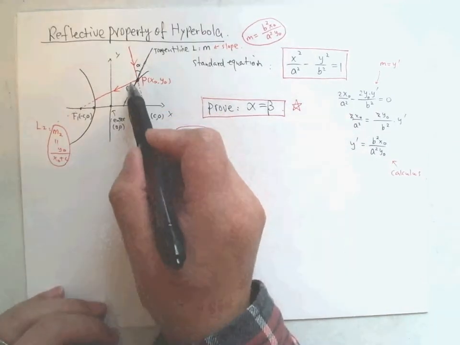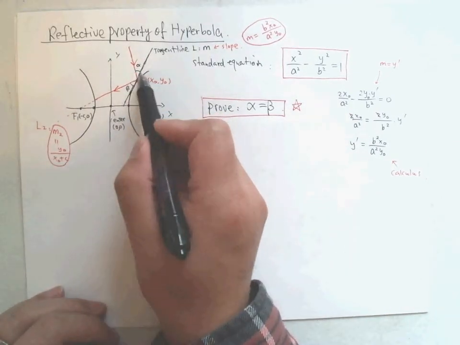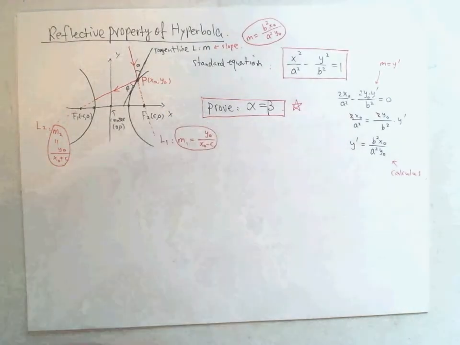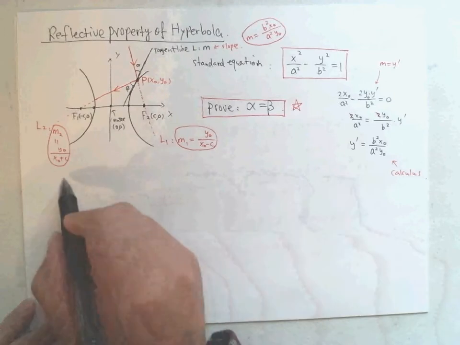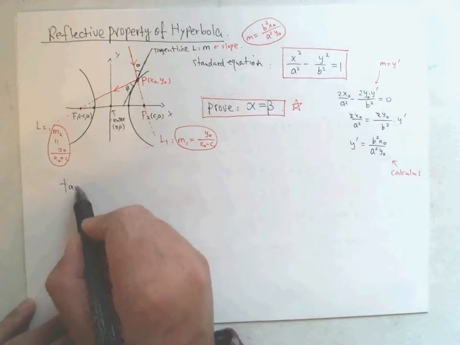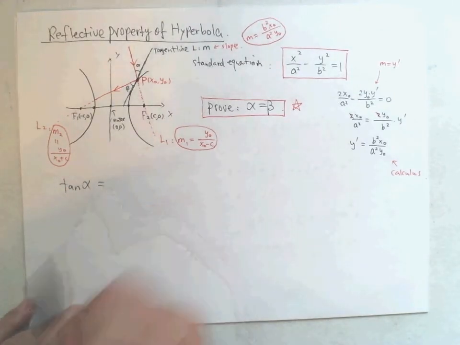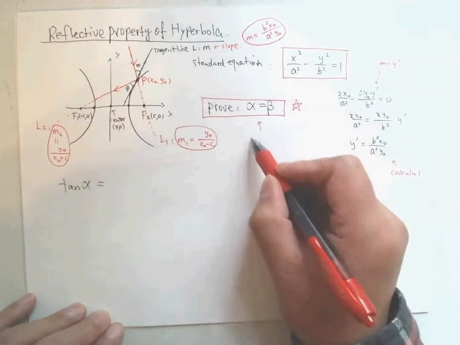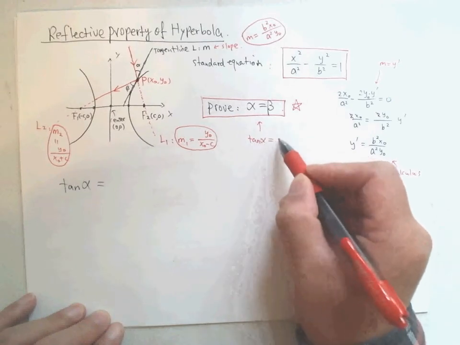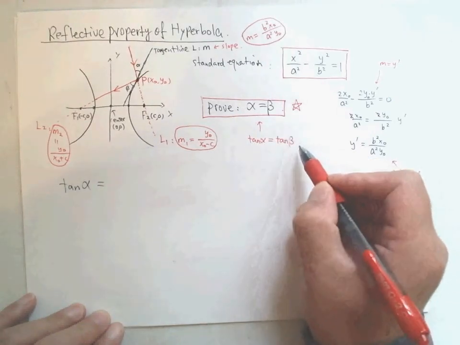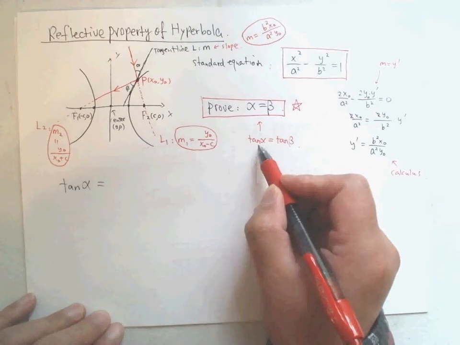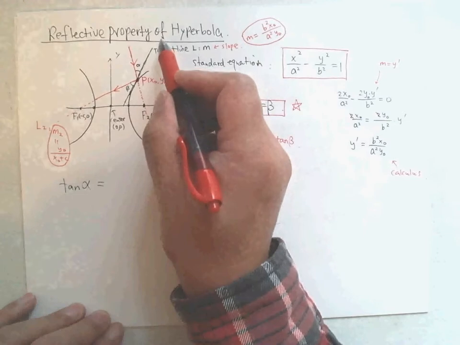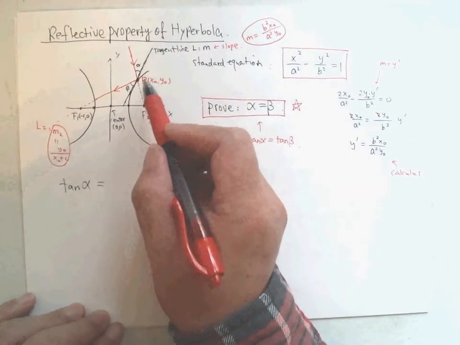We need to prove alpha equals beta. So we need to find that tangent alpha equals tangent beta, right? Is tangent alpha equal to tangent beta? How to find tangent alpha? Tangent alpha is the angle between L1 and L, the tangent line.